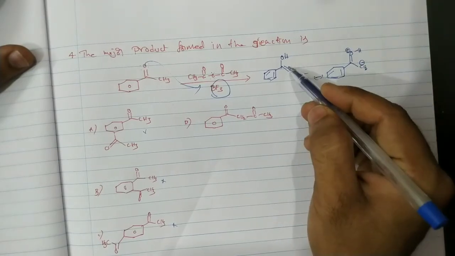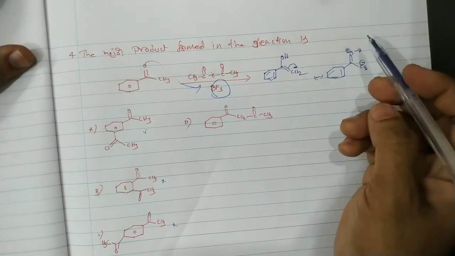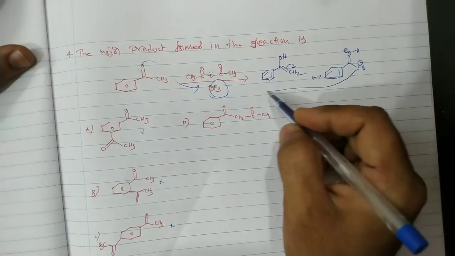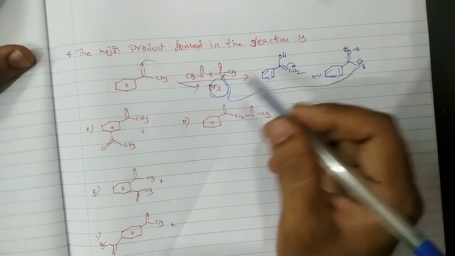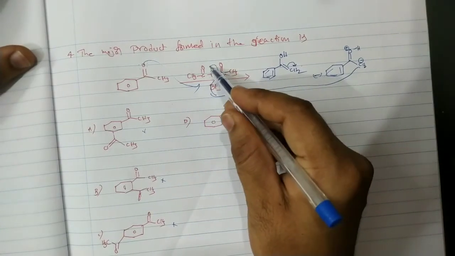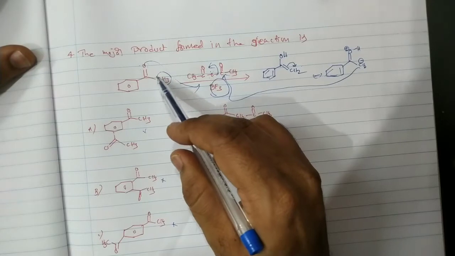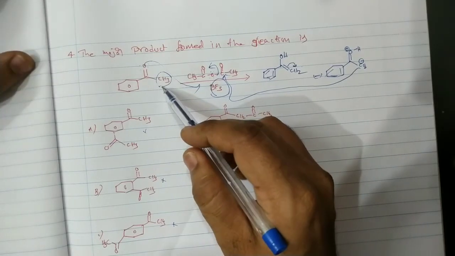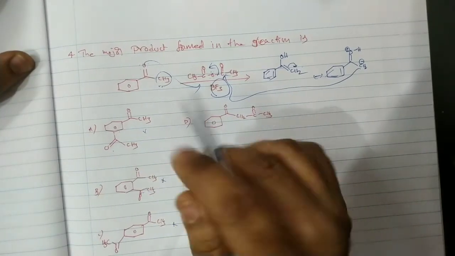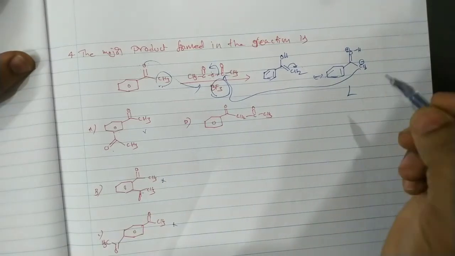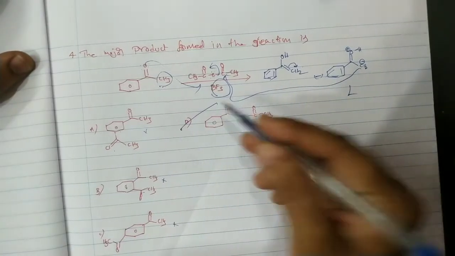That means this terminal carbon is more nucleophilic, so this nucleophilic carbon attacks on this electrophilic carbon actually. So here in this case acylation takes place on this side chain, that is nothing but methyl. Acylation on the benzene is not possible in this case. So here finally the product is this one, D.